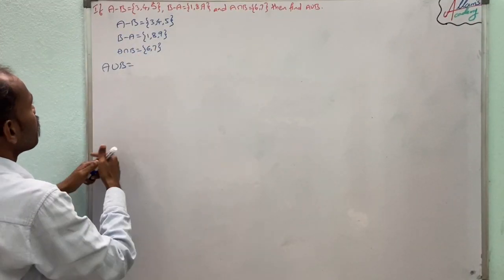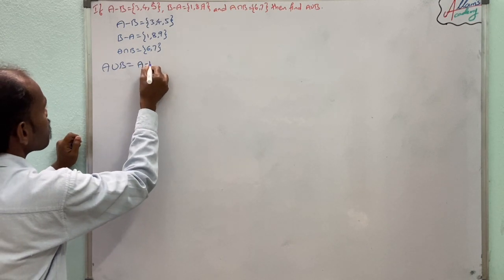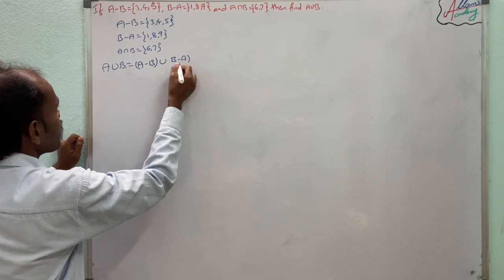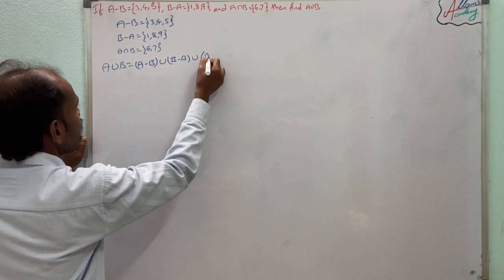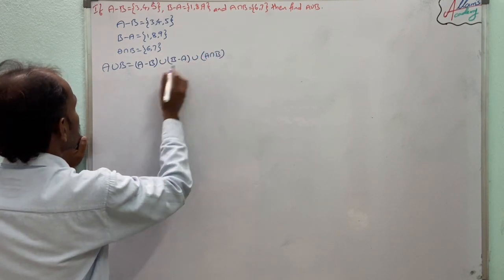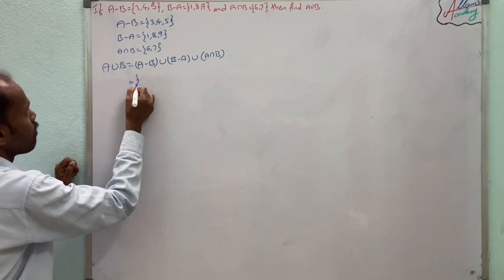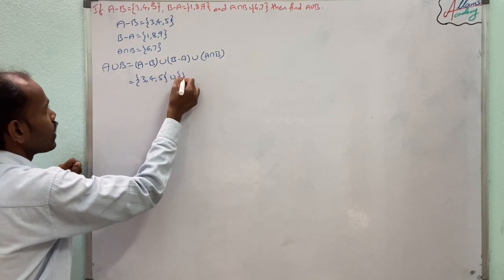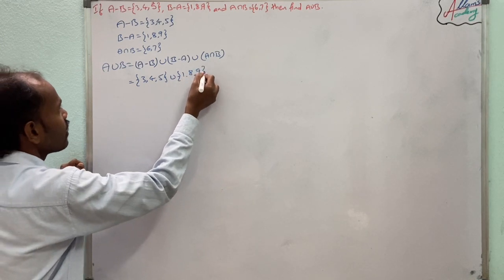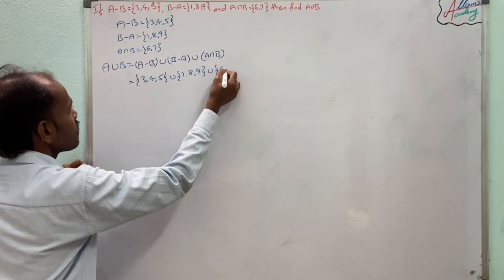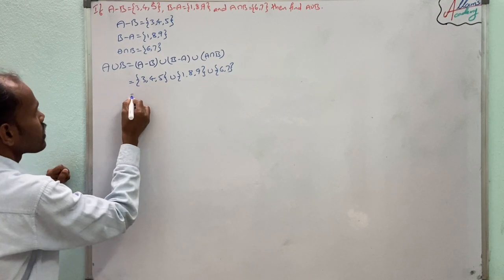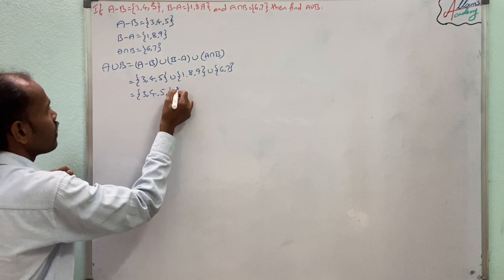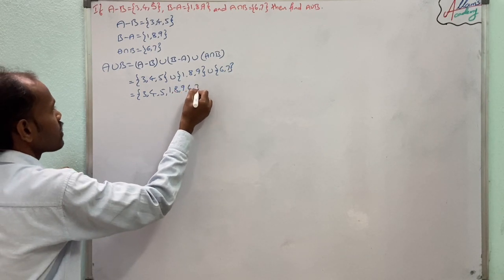That means A minus B union B minus A union A intersection B is nothing but A union B. So 3, 4, 5 union 1, 8, 9 union 6, 7: all the elements are written as a single set, 3, 4, 5, 1, 8, 9, 6, 7.